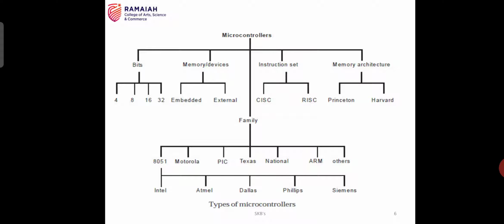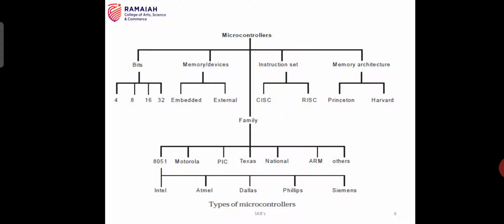And the memory architecture, Princeton and Harvard architecture, based on the program memory and data memory partition, we may classify the microcontrollers. But based on manufacturing industries, here you can observe 8051, Motorola, PIC, Texas, National Semiconductors and others, and Atmel, Dallas, Philips and Siemens are the various manufacturing industries.